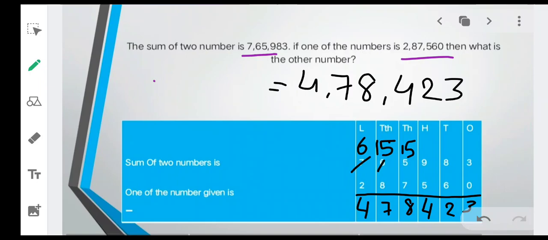Yes students, our last step is to insert commas as per the Indian number system. I hope this sum is clear and your doubts are cleared. Now we are going to solve our next sum.